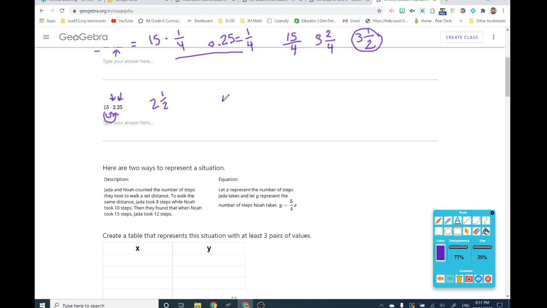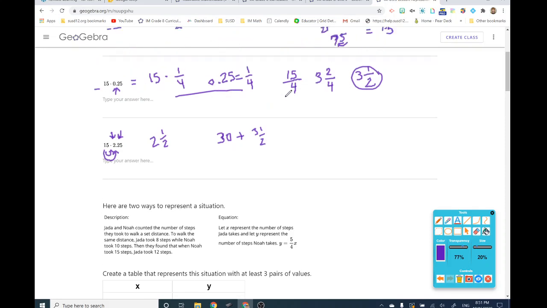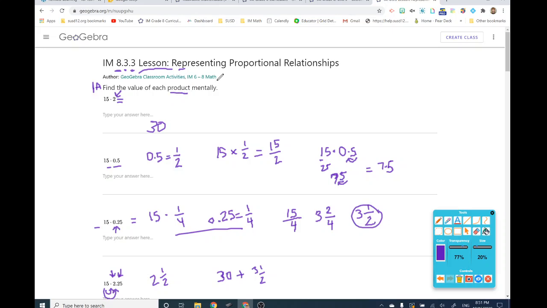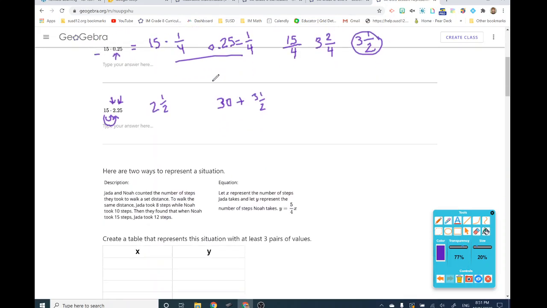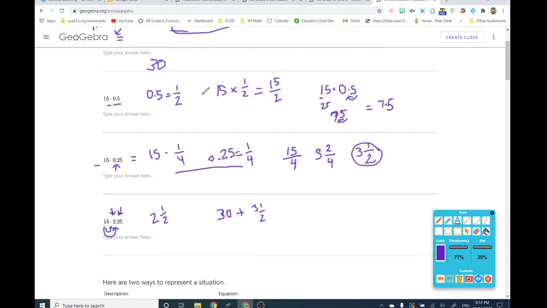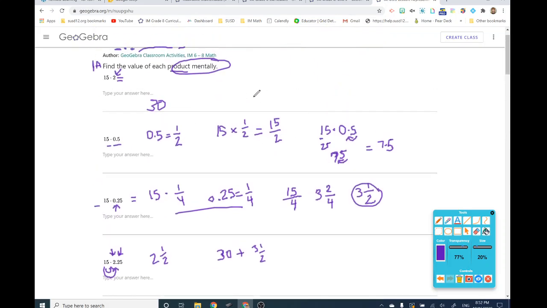So the answer is going to be 30 plus 3.5. Okay, if you don't believe me, then do it yourself with pen and paper. But it says to find the product mentally, so just try to figure it out mentally. You don't need to do this in your notes because you're supposed to do it mentally, but I'd like to see your answers here.